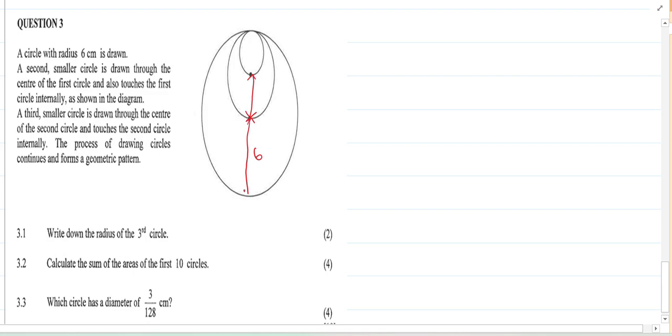The radius of the second circle is going to be half of this one. And the radius of the third circle, we know that this third circle is going to touch internally as well, and is going to start at the center of this circle right here.